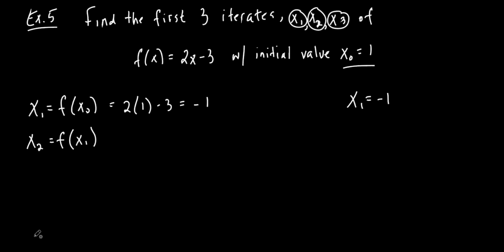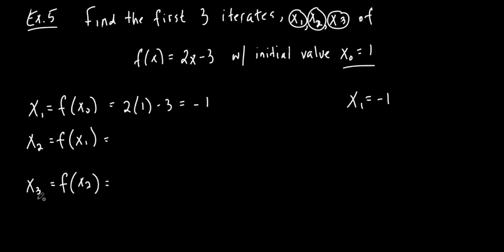Everybody see that? Now again, I kind of left that out at the beginning, but this is how you do the iterations. It shows up here anyway, so you just be repeating it. So that's how you find x2. How would you find x3? f of what? x2. Okay? Everybody see that? So you just find the next one.